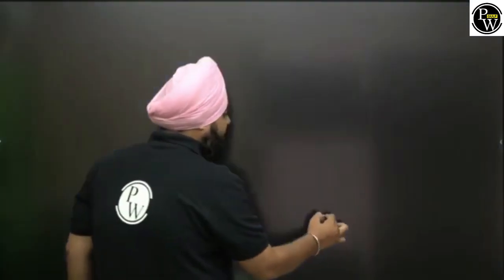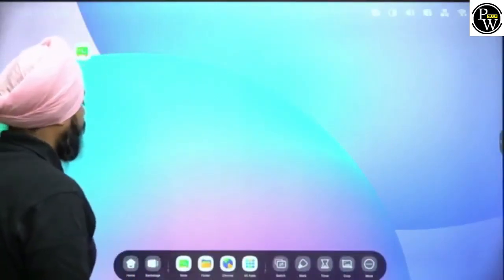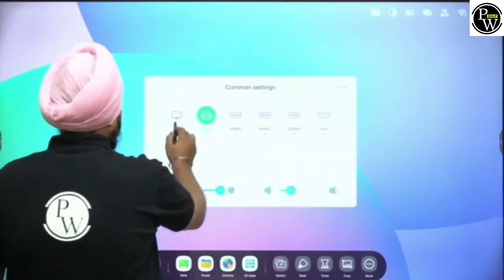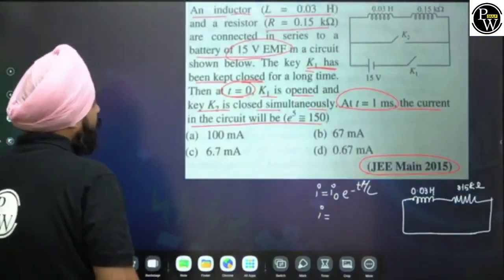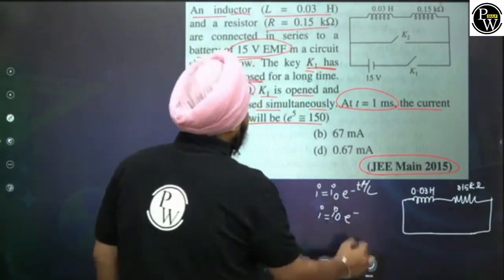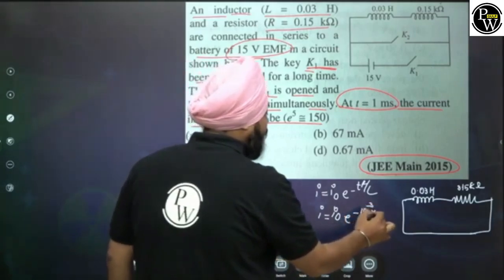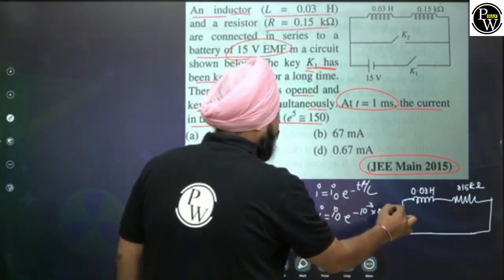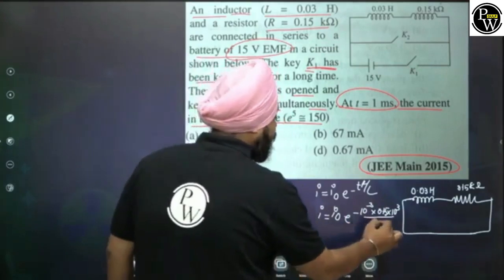So I is equal to I0 e raised to minus t R by L. Time they are saying is 1 millisecond, so it is 10 to the power minus 3. Resistance is 0.15 into 10 to the power 3, since it's in kilo ohm, and the inductance is 0.03.